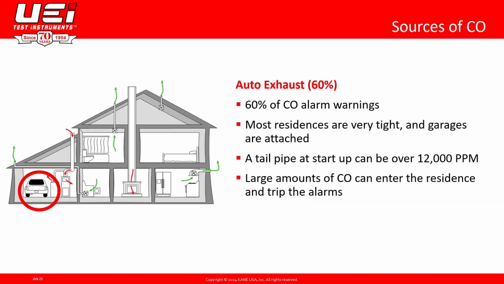So we talked about what carbon monoxide is, but let's talk about some of the common sources, because it's also really important to identify the correct sources of CO within a building. One of the number one reasons that home CO alarms go off actually has to do with auto exhaust. Auto exhaust accounts for about 60% of the reason those CO alarms go off. And if we think about it, the way that our houses are built, they're built very tight.